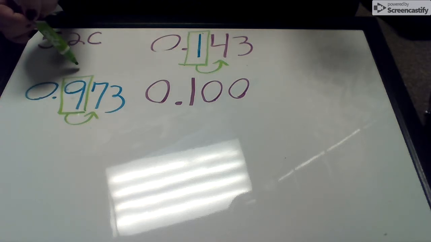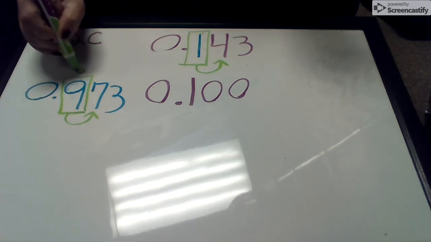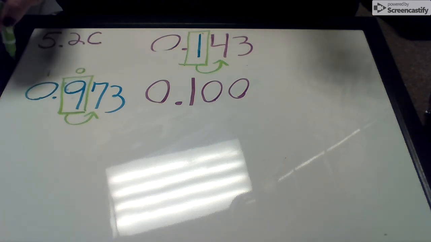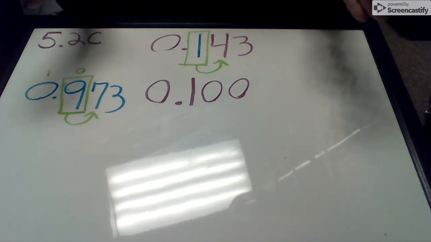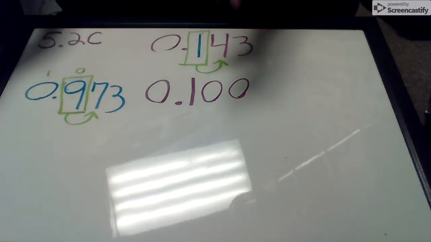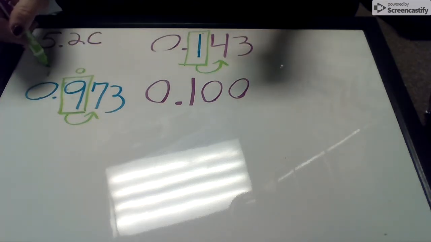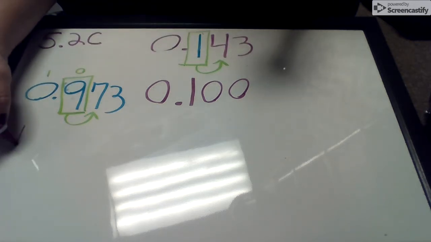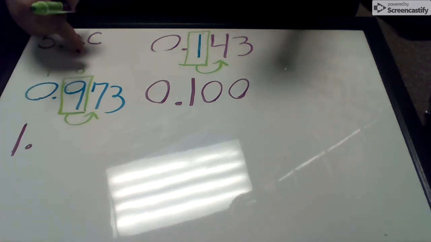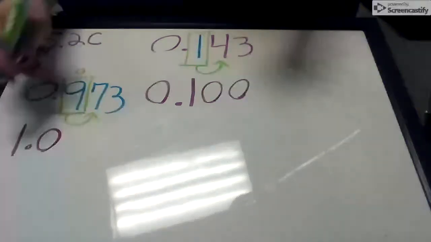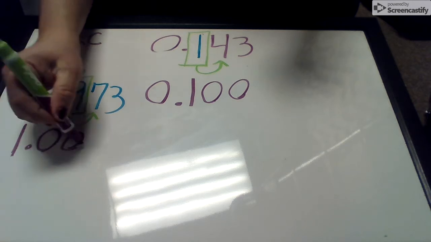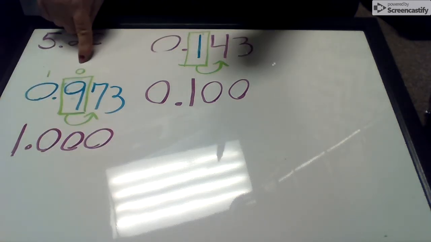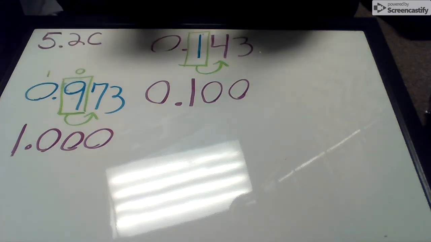Well, if I add 1 to 9, this becomes 10. Now, just like with any number, I can't put 2 digits in a place. So I would have to carry over or regroup. So now the 0 is now a 1. This tenths is a 0, and everything else behind it is a 0. Okay, that's if the 9 goes up higher.